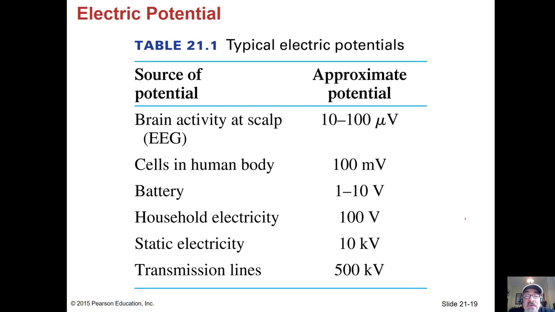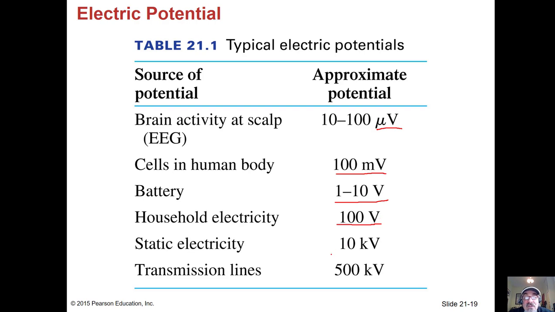Here are some typical potentials, or in other words, voltages. EEG, 10 to 100 microvolts, so really small. Cells in the human body, 100 millivolts. Batteries, 1 to 10 volts. Your car battery has 12 volts. Electricity, these are just orders of magnitude, it's really 120, but here approximately 100 volts.